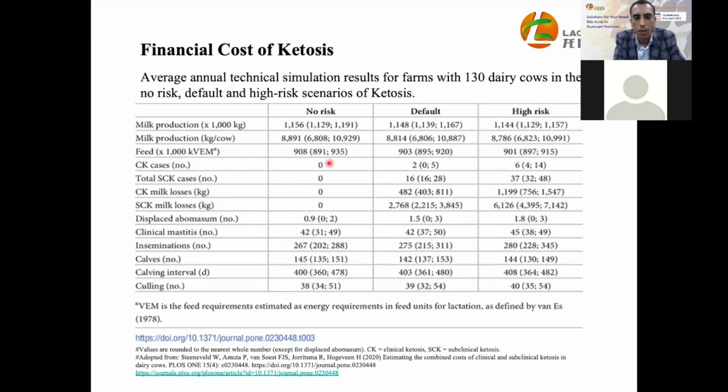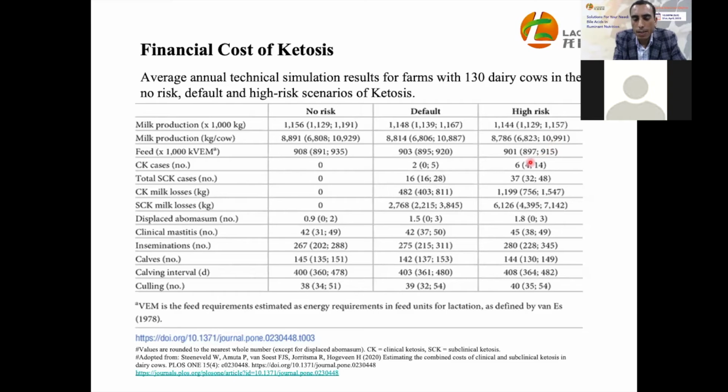Clinical ketosis in the first one is 0, and in the default 2 cows, that is around 1.5% or 1%. This reflects the normal KPI for ketosis in dairy cows, especially for a well-managed dairy farm.